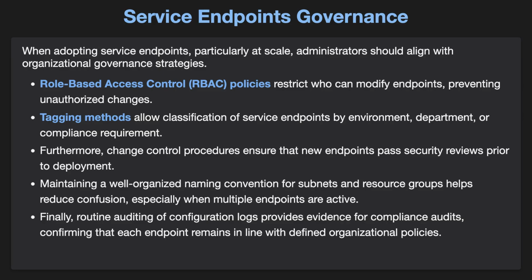Furthermore, change control procedures ensure that new endpoints pass security reviews prior to deployment. Maintaining a well-organized naming convention for subnets and resource groups helps reduce confusion, especially when multiple endpoints are active. Finally, routine auditing of configuration logs provides evidence for compliance audits, confirming that each endpoint remains in line with defined organizational policies.